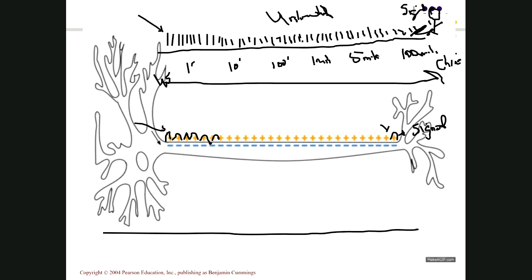Think about a blue whale, which is the largest living animal. Blue whale, from their brain to the tip of their tail, how far do you think that is? I don't know, 150 feet or more. And yet an action potential that starts here can travel all the way to their tail to tell their tail to move.